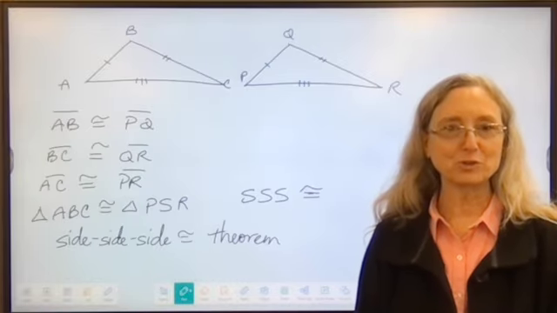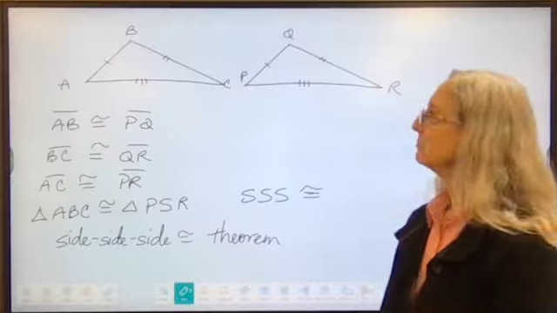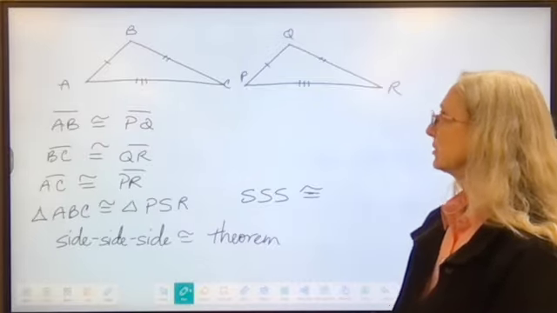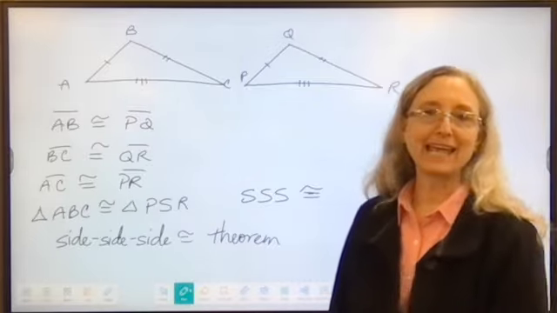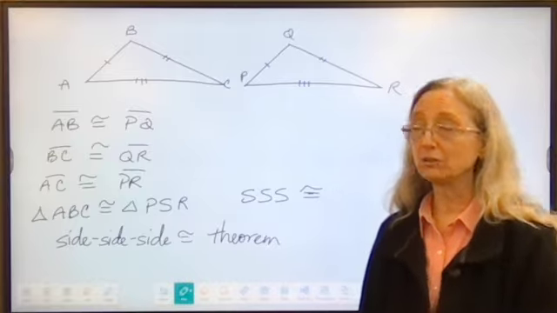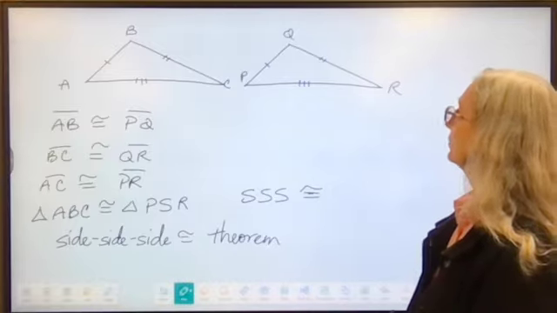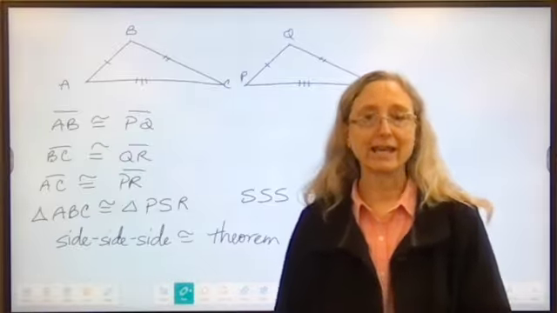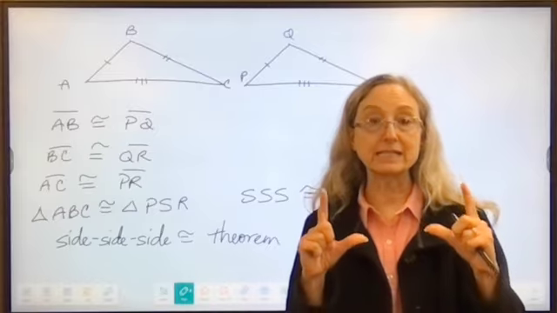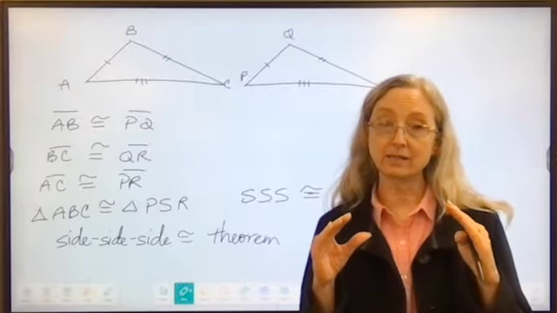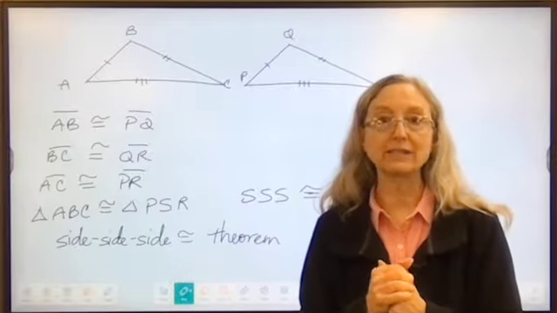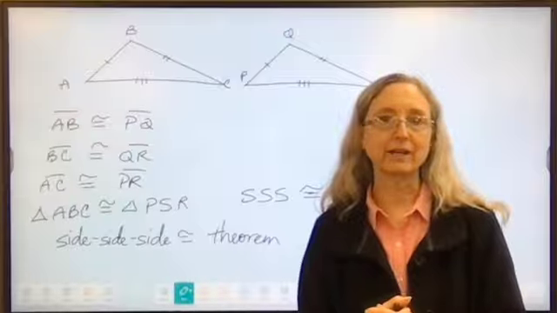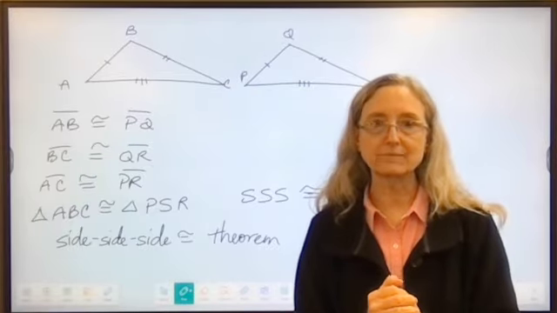Okay, I have drawn two triangles on the board and labeled their sides, triangle ABC and triangle PQR. AB is congruent to PQ, BC is congruent to QR, and AC is congruent to PR. If I have three sticks that are all exactly the same length and three more all the same length, how many different triangles can I make out of those three sticks?